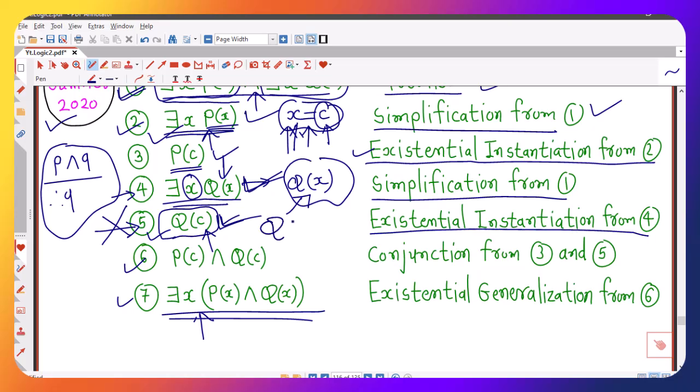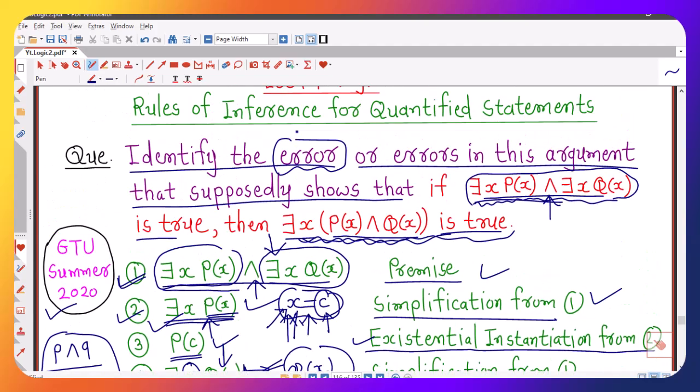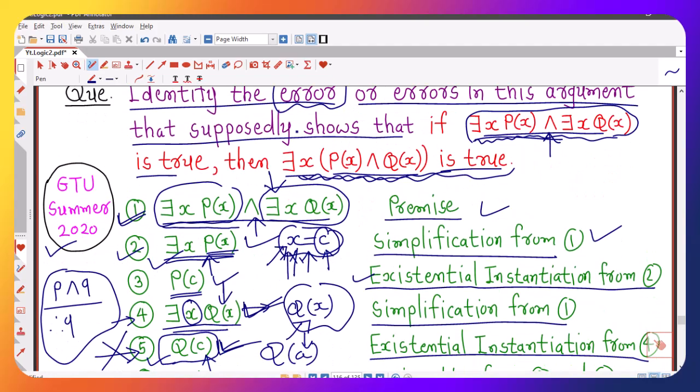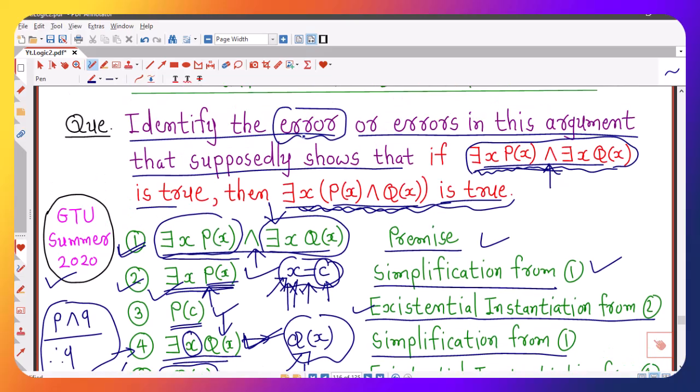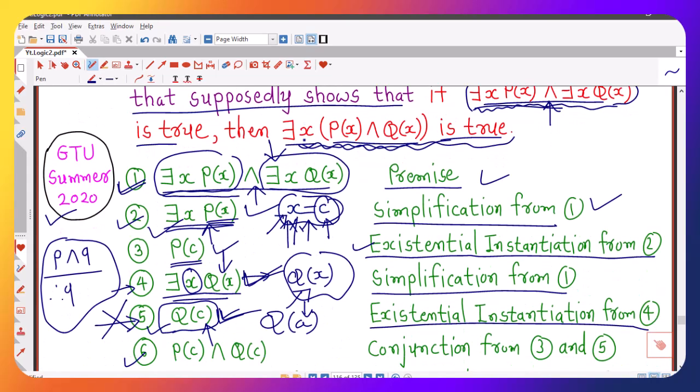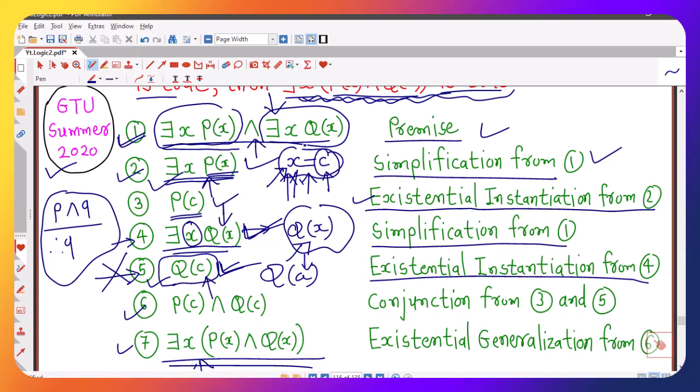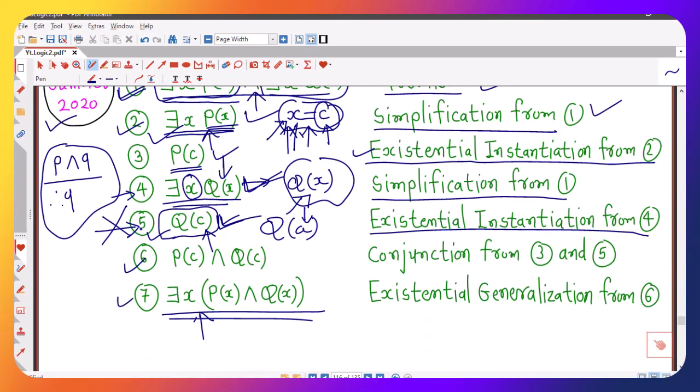So they have written existential instantiation from 4, but instead of writing Q(c) they should write some another fixed value of x, say a, which can be equal to c or which can be different from c. So they ask this type of questions. Sometimes you are given the method, you are given steps and corresponding reasons, and you have to identify the error or errors in this argument validity checkup.